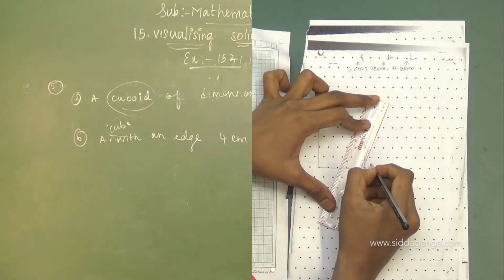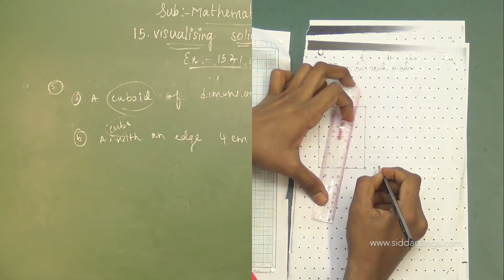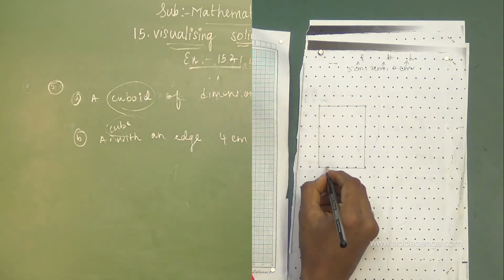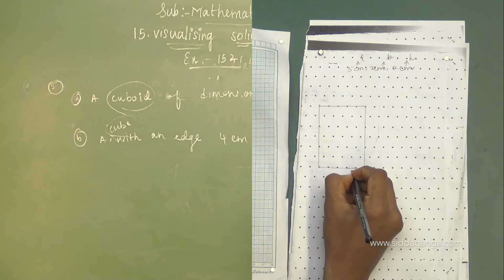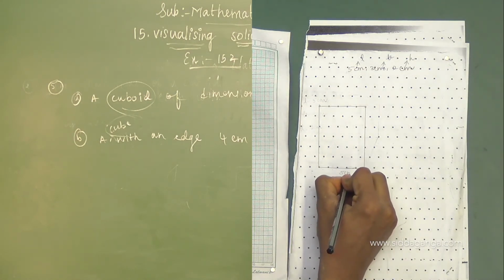See here, height we have to take 2 centimeters. Length is 1, 2, 3, 4, 5 centimeters.